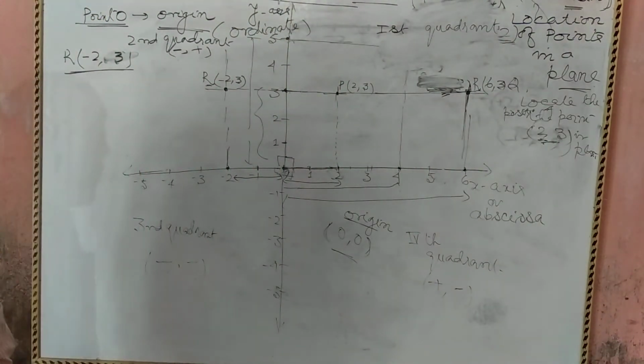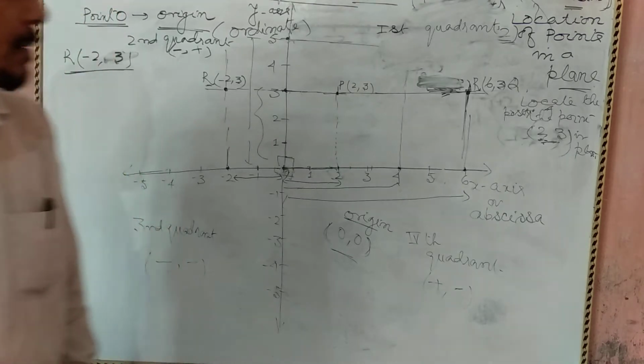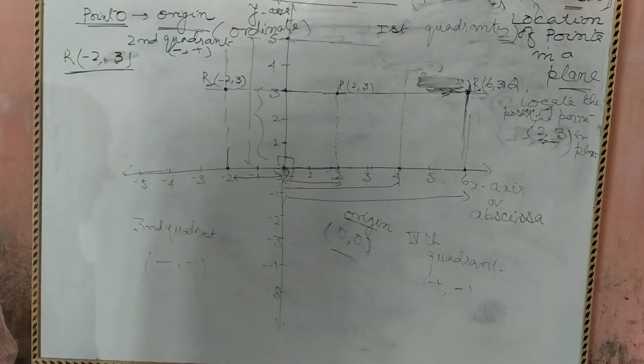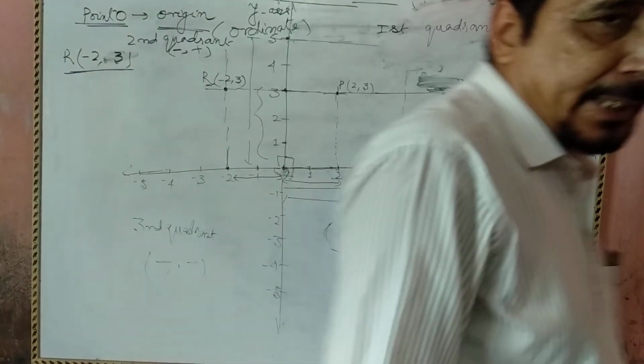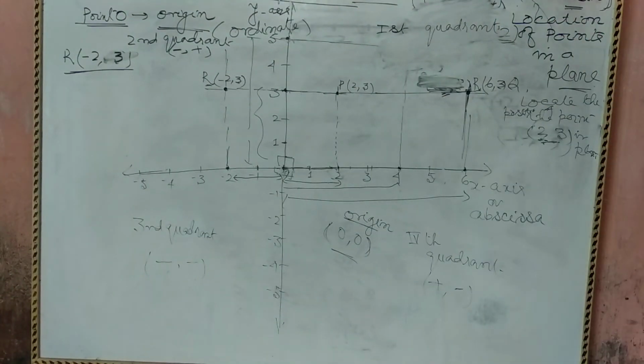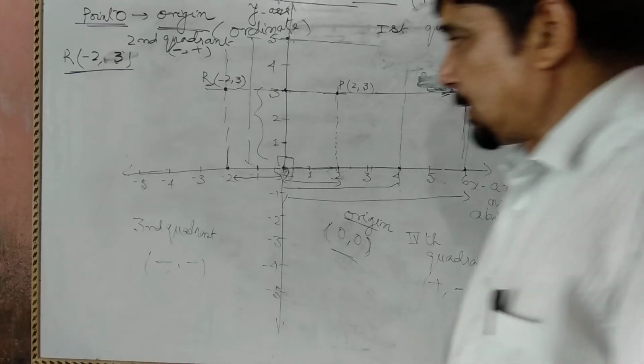Today we will study coordinate geometry. It is a branch of mathematics in which we study the position of a point in a plane with respect to its axes.